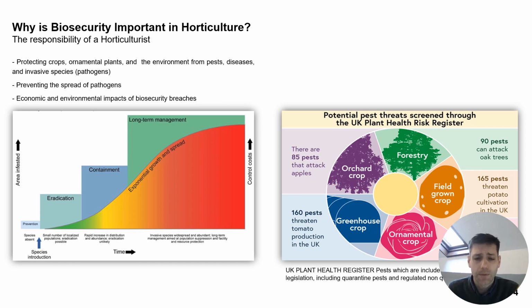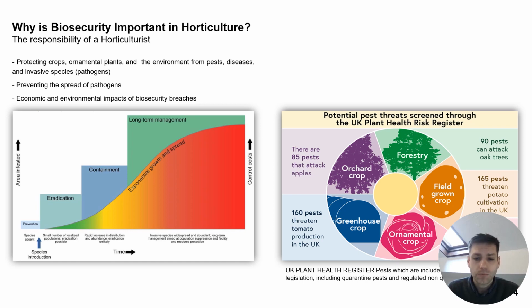On the right hand side, you can see the potential threats screened through the UK Plant Health Risk Register, and you can see there's hundreds of potential threats to the UK's biosecurity, and they affect a range of different industries within forestry and horticulture. So you've got forestry, field grown crops, ornamental crops, greenhouse crops, and orchard crops, and you can see there's 85 pests alone for orchard crops, 160 for greenhouse crops there, so there's quite a few.